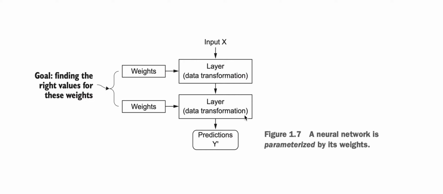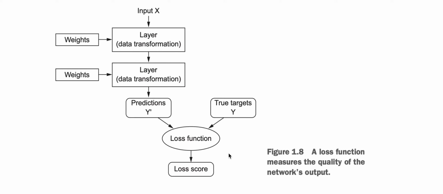So how do we determine these weights? How are these weights learned? So we need to measure how far the output, this prediction, is from the true observations, the true target.